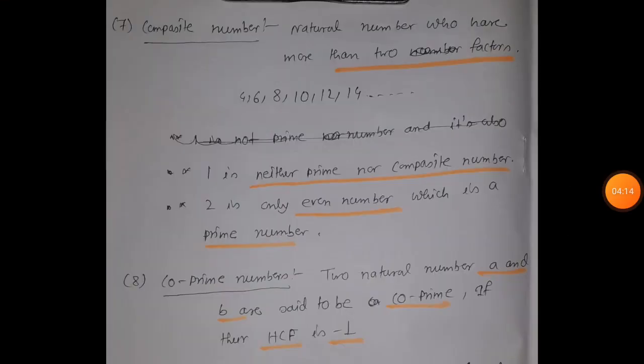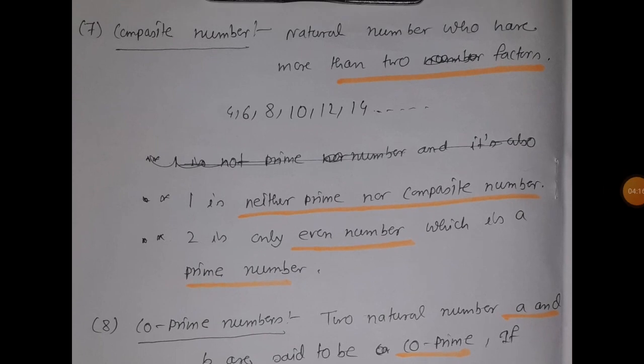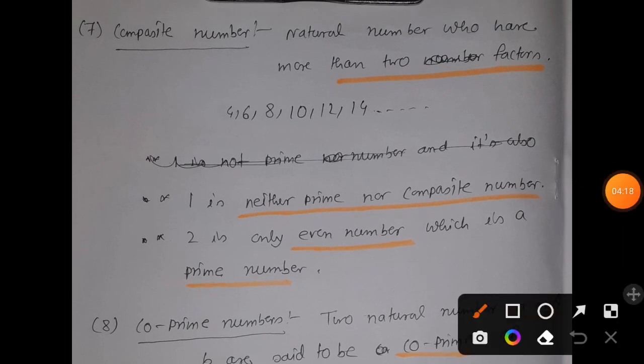Now let's talk about composite numbers. A composite number is any number which has more than two factors, okay? For example, 4. 4 has 1, 2 and 4, three factors. Similarly 6. 6 has 1, 2, 3 and 6 itself, four factors, okay?